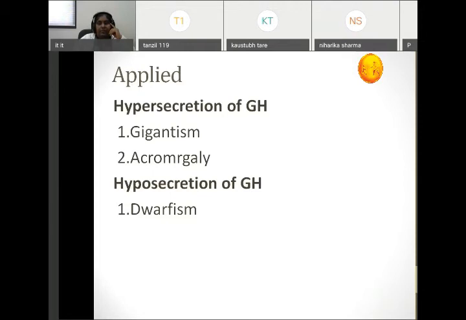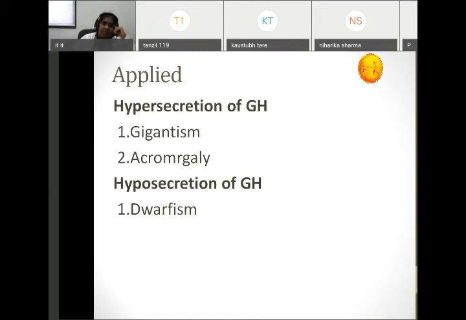When hyposecretion of growth hormone is there, one condition is there that is called dwarfism. Applied part has two: hypersecretion, first is giantism, second acromegaly. Hyposecretion of growth hormone gives rise to dwarfism.